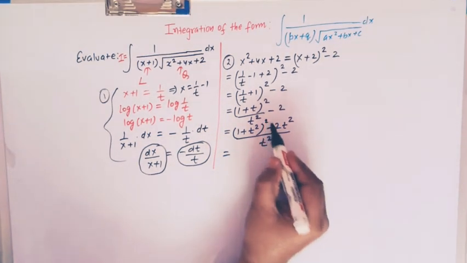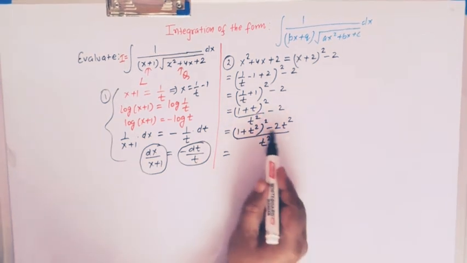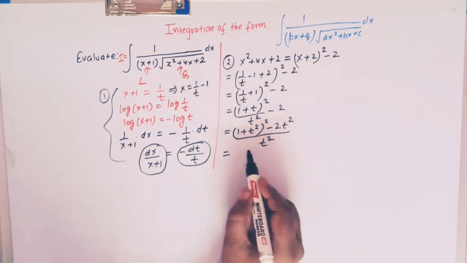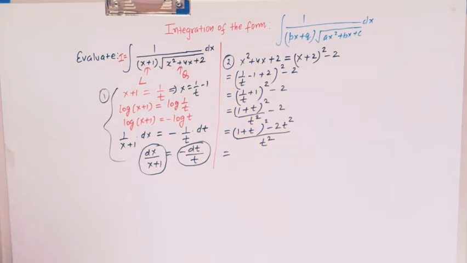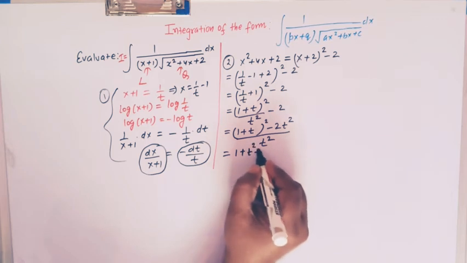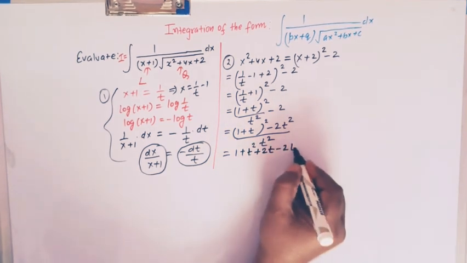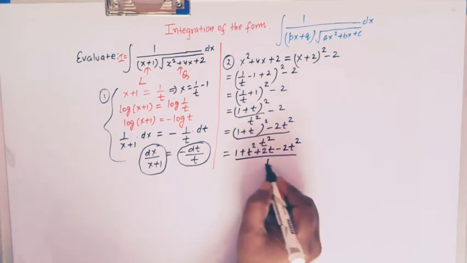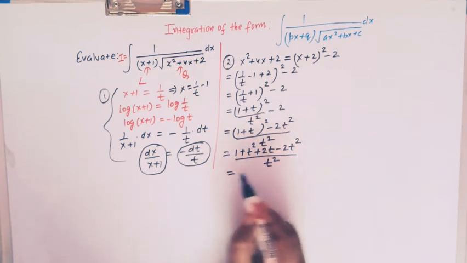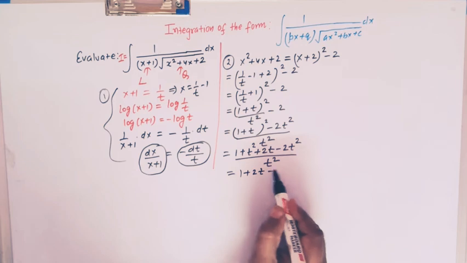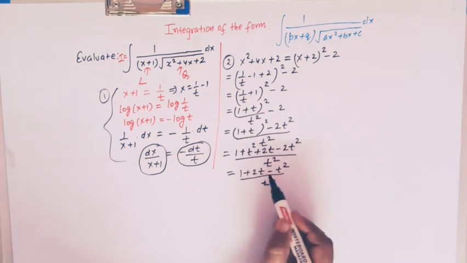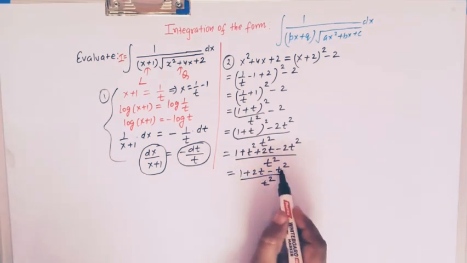Now here we have a square, and if we expand (1 plus t) whole square, we'll have 1 square, that is 1, plus t square plus 2t, and here we have minus 2t square over t square. Now t square minus 2t square is minus t square, over t square. Now see, here we have the quadratic term in t.